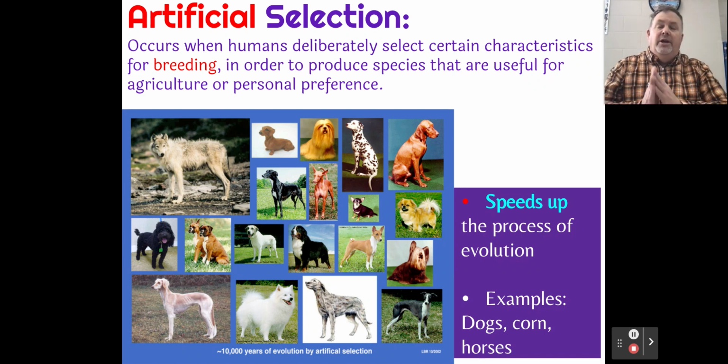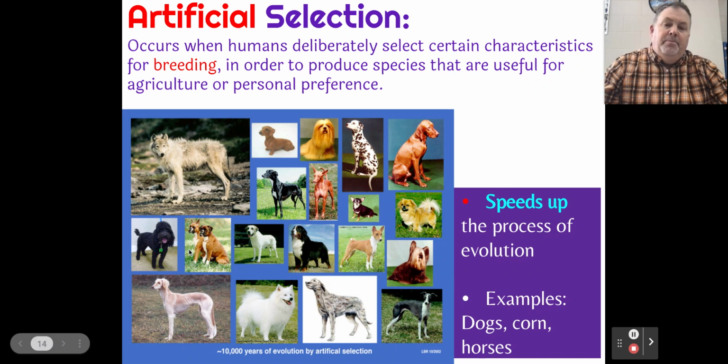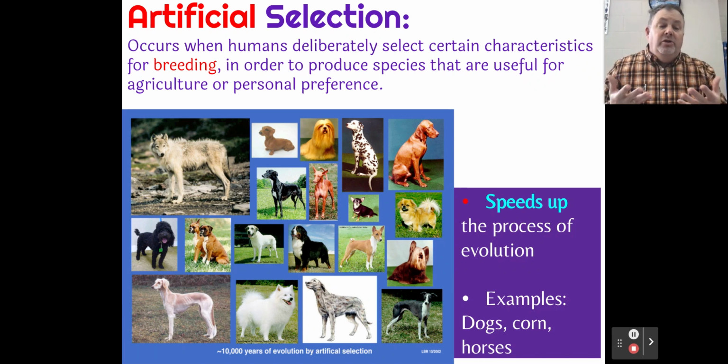Dogs are all Canis. In other words, they're related to Canis lupus, the wolf on the far left-hand side here. But if you look at some of the dogs, whether it be the golden retrievers or the hounds, the pit bulls, the basset hounds, all these dogs are related, and if you look at their DNA, you can see some of the close relationship.